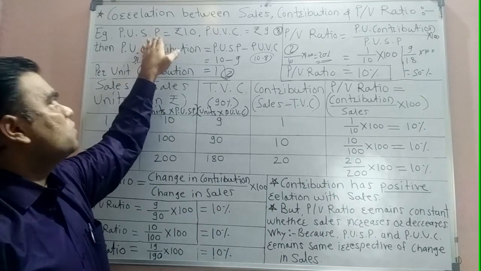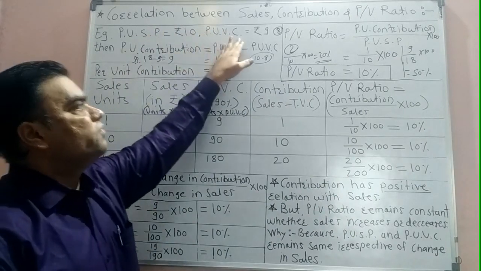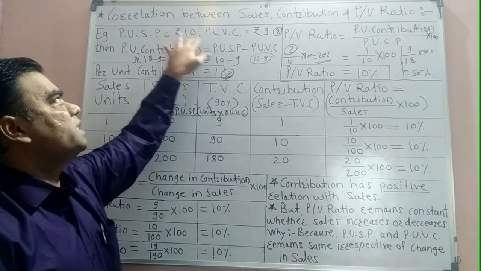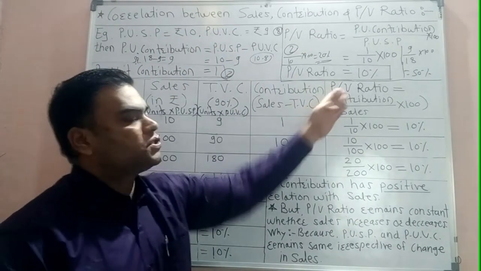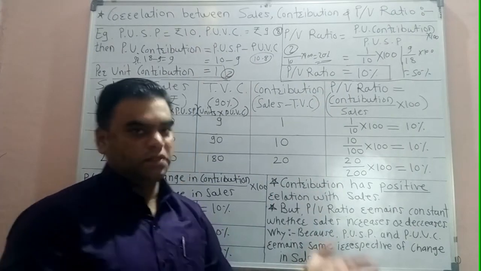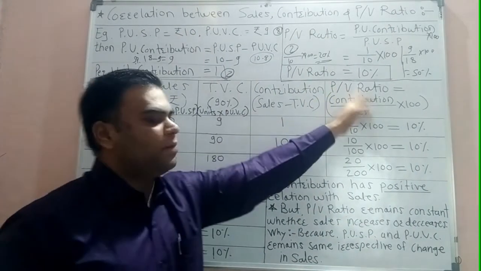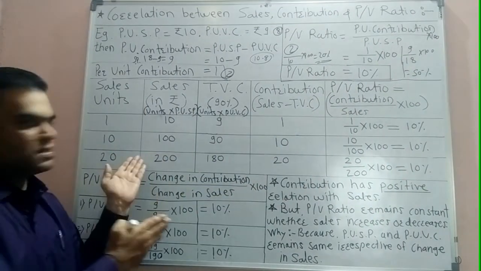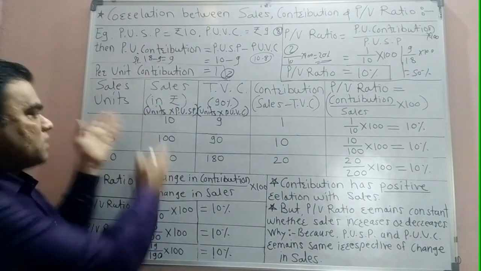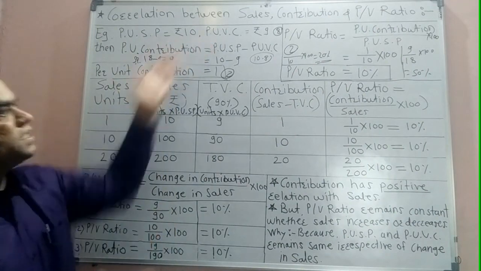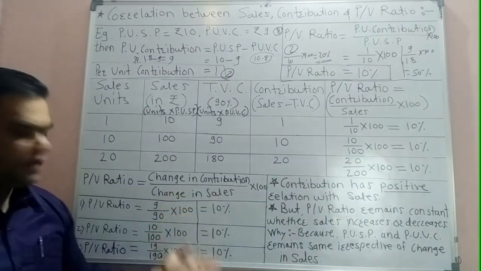If there is no change in per unit selling price or per unit variable cost, your PV ratio will also not change. Means if these two remain unchanged, then your PV ratio will remain unchanged. As we discussed, we have not changed selling price and per unit variable cost at all levels. That's why our PV ratio remained unchanged, 10% at every level.